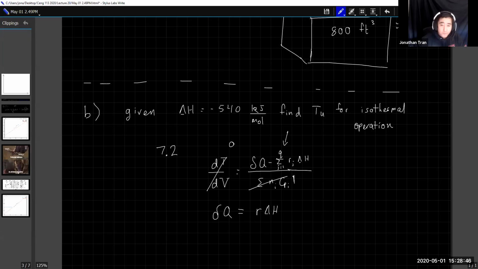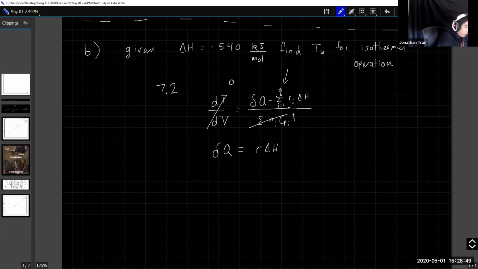Doing the substitution for R here, we get that del Q is equal to, the chat window disappeared again, okay, del Q is equal to generally just K CA CB delta H. But we also know that CA is equal to NA over V, which is also equal to V naught because we're in liquid phase.